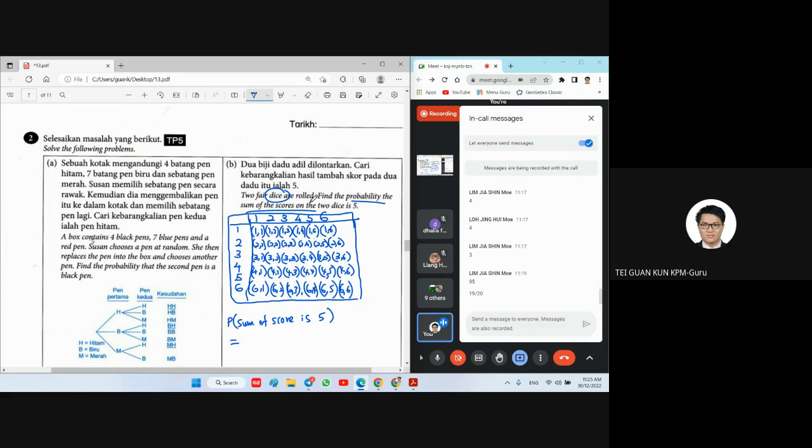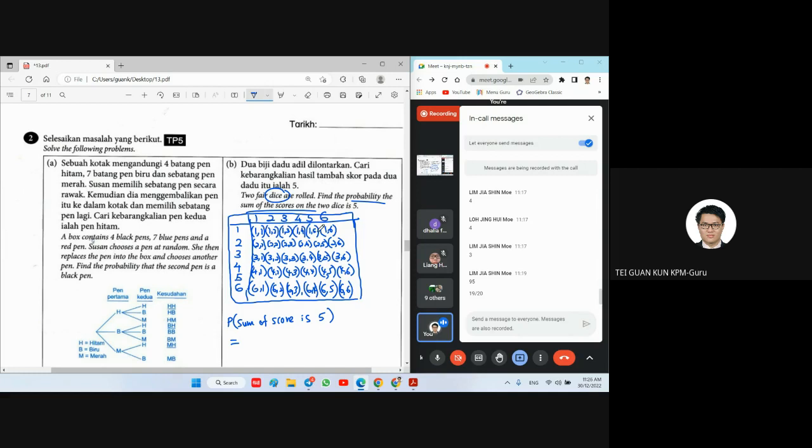Okay, so based on this, we know that the total number of sample space is berapa? 1, 2, 3, 4, 5, 6, 7, 8, 9, 10, 11, 12, 13, 14, 15, 16, 17, 18, 19, 20, 21, 22, 23, 24, 25, 26. Total outcome is what?